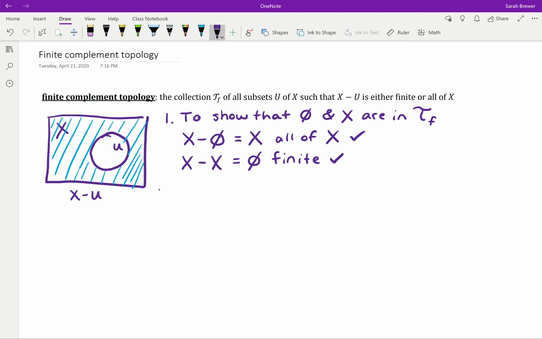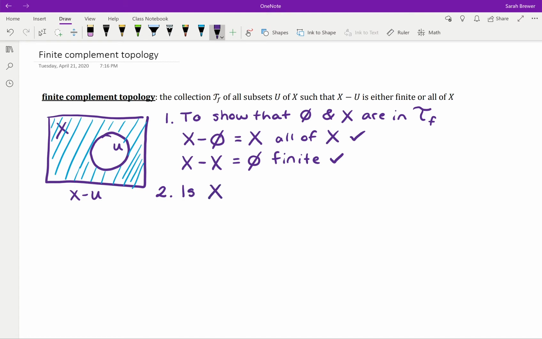Our second criteria that we have to satisfy is that we need arbitrary unions and finite intersections. So I'm going to list these out and then we'll show them one by one.